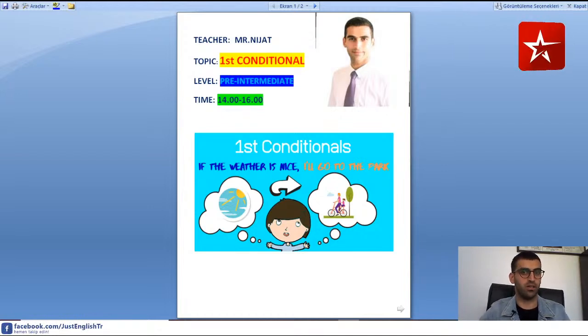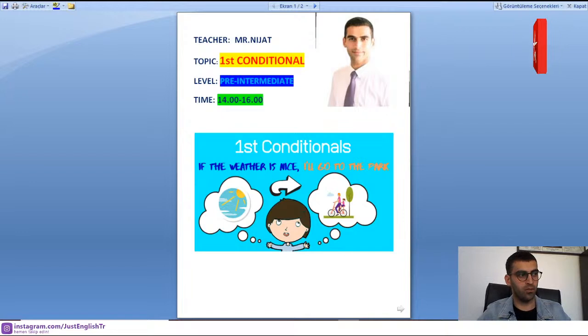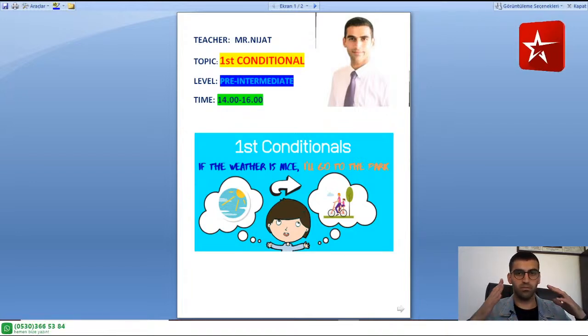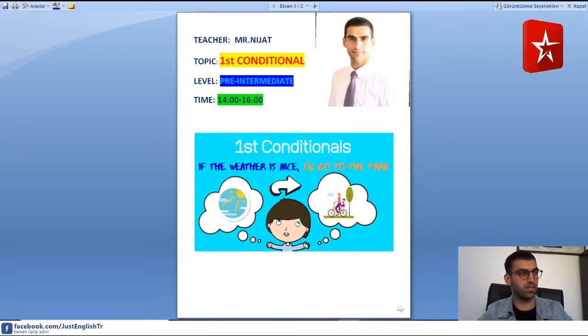So, which level, you can ask me? The level is pre-intermediate, and the topic is the first conditional sentences. How can we make the first conditional sentences in English, and why and how do we use them? We will be talking about it for 2 hours, and then we will have some exercises related to today's topic.